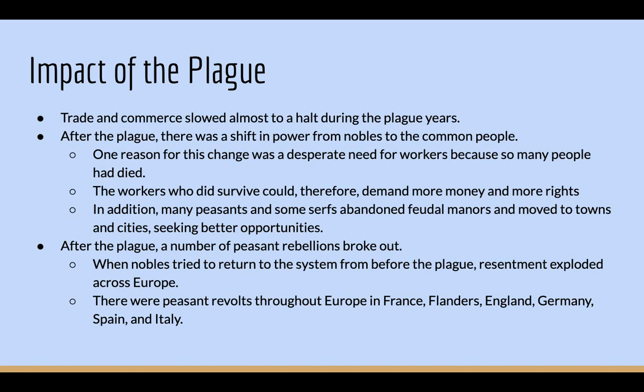After the plague, a number of peasant rebellions broke out as well. When nobles tried to return to the system from before the plague, resentment exploded across Europe. There were peasant revolts throughout Europe, in France, England, Germany, Spain, and Italy. The most famous of these revolts was the English Peasants' War in 1381.